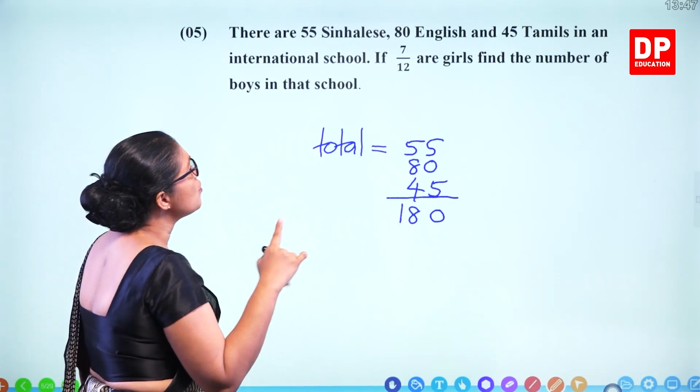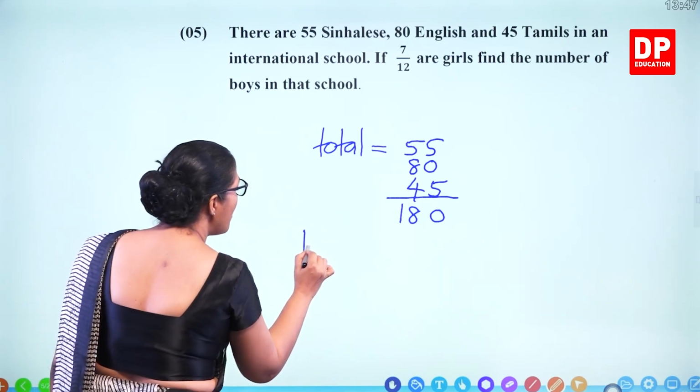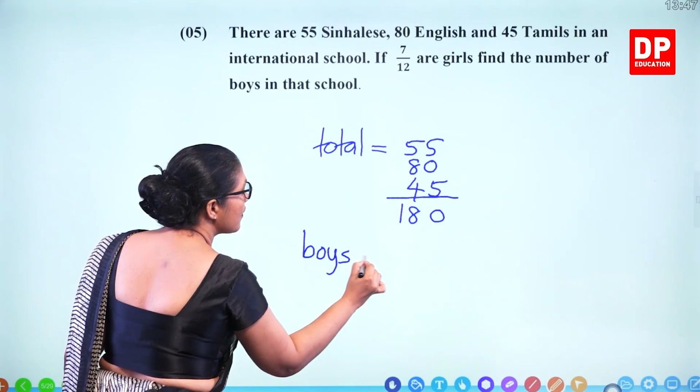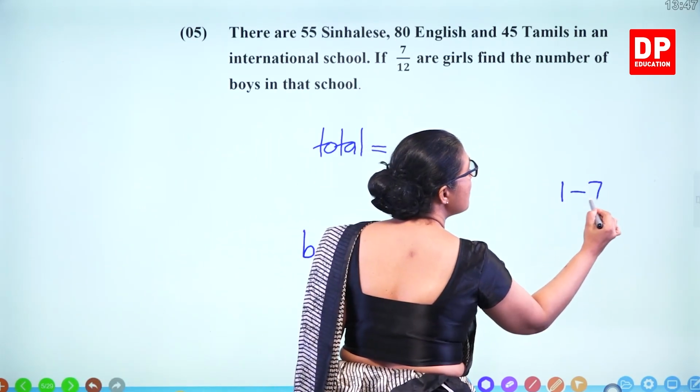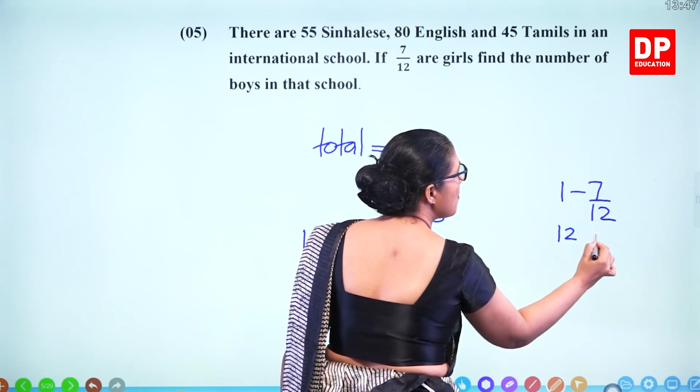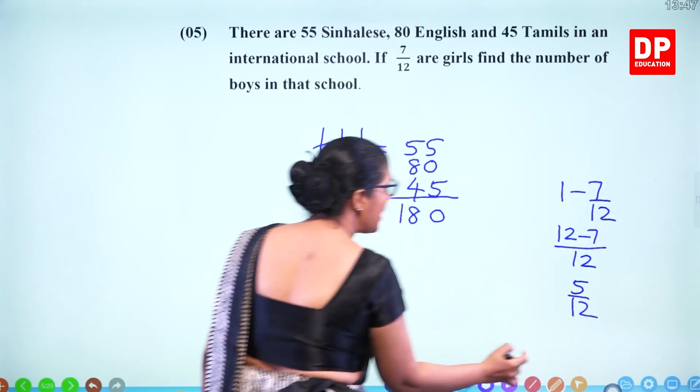So 7/12 are girls. Now we need how many boys. So what is the remainder? 1 minus 7/12 means 12/12 minus 7/12. That's 5/12, the remaining part.